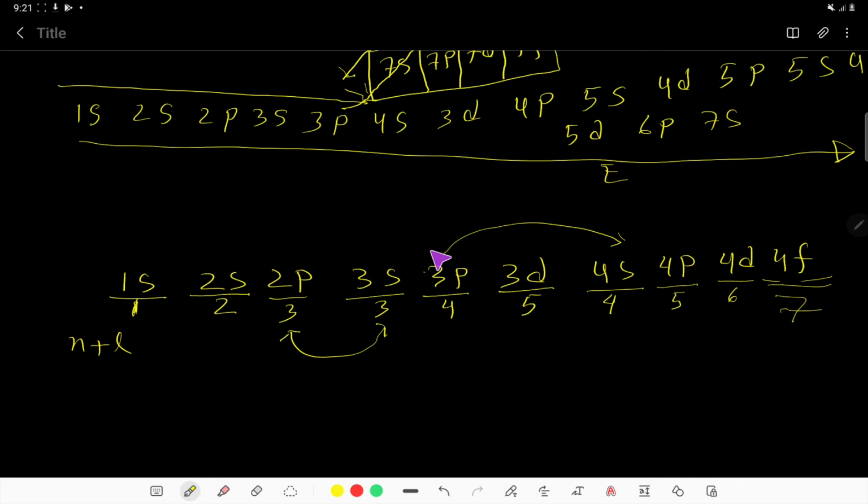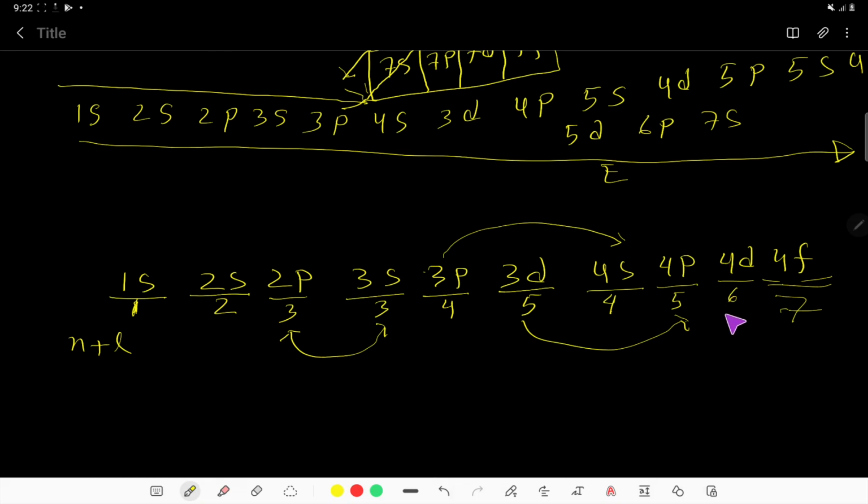So 3p, right? Then 4s, right? After 4s, the electron will go from here, energy 4, then 5. But here we have 2 with 5, so the electron will enter the sublevel that has the lower n value, that is 3d, then 4p, right? Okay.